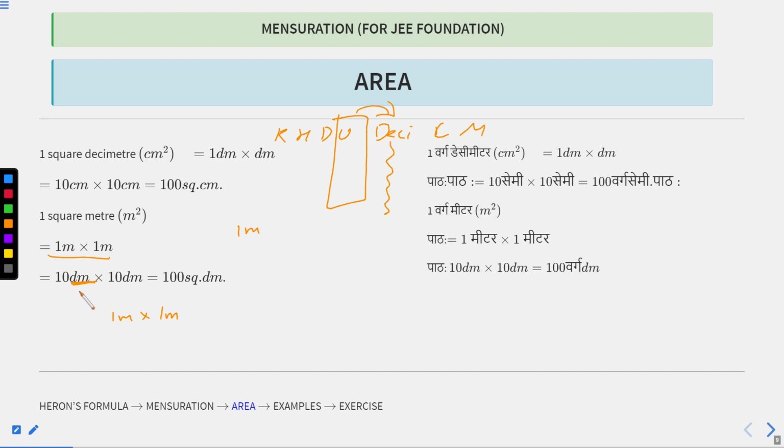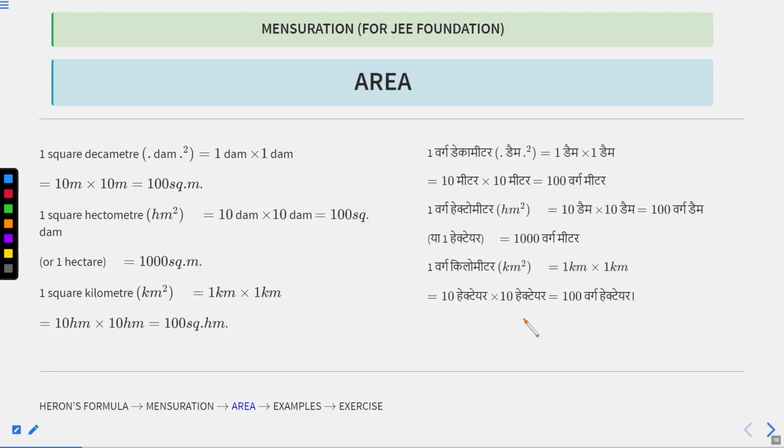So dm means decimeter. So 1 meter is 10 dm, and for this also 10 dm. If you see, 10 multiplied by 10 is 100, and this is dm into dm, which we can easily rewrite as dm square. I hope this is clear. So why do we use the square term over here, not cube, not another thing?